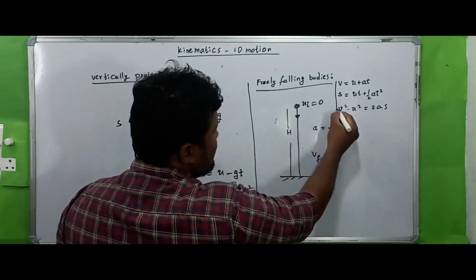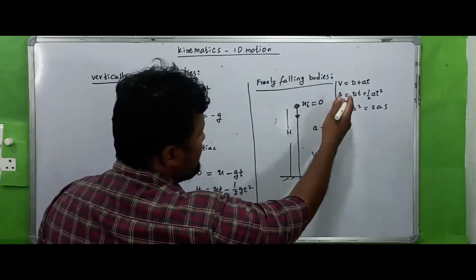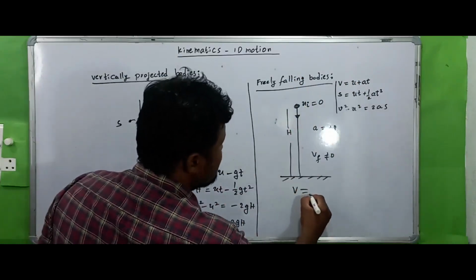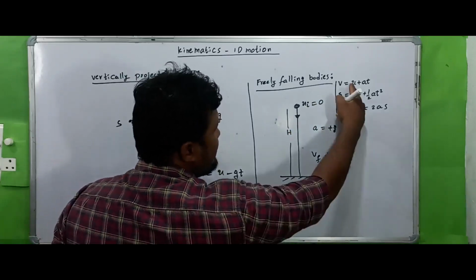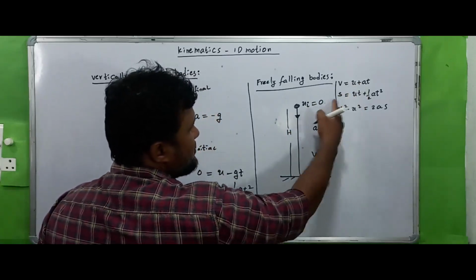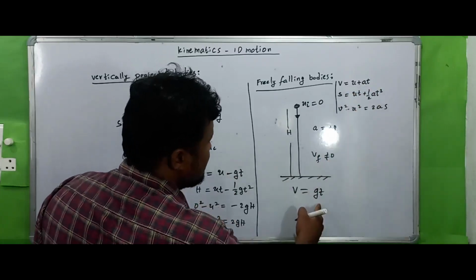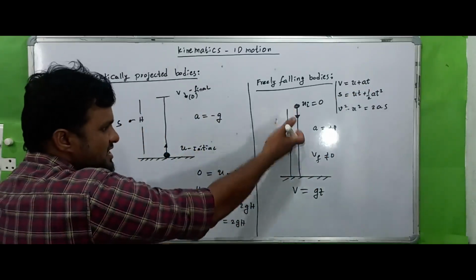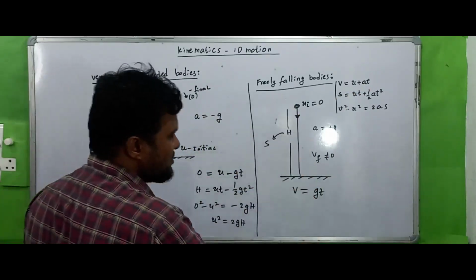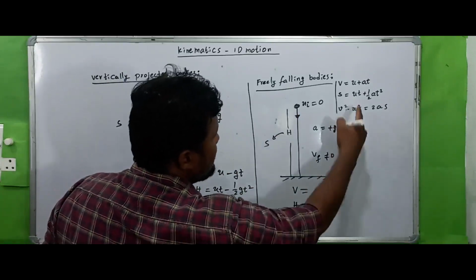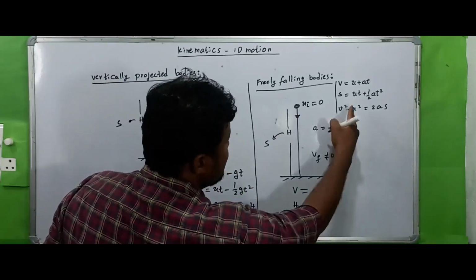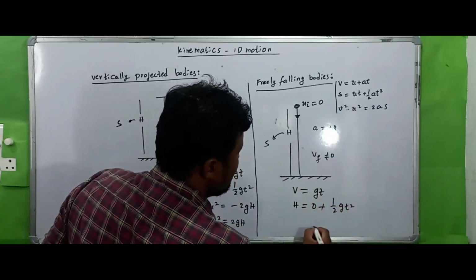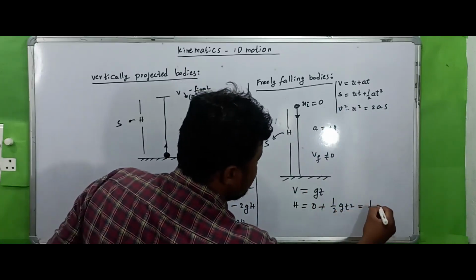If I write the kinematic equation for this situation, v is equal to u plus at. Final velocity is not 0, but initial velocity is 0, and a is g. So v is equal to gt. For the second equation, s is h, the vertical displacement or height h. h is equal to ut plus half at square, but initial velocity is 0, so simply h is equal to half gt square.